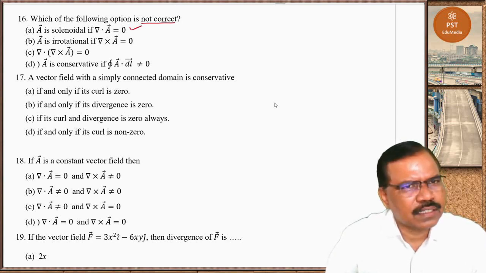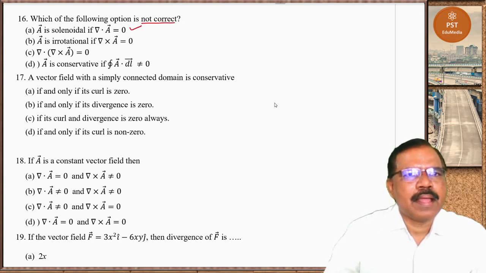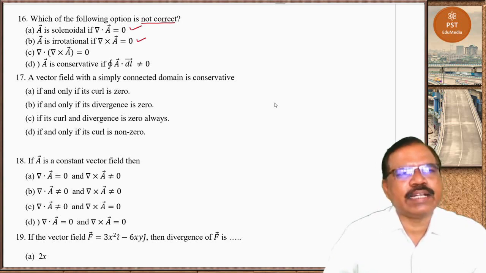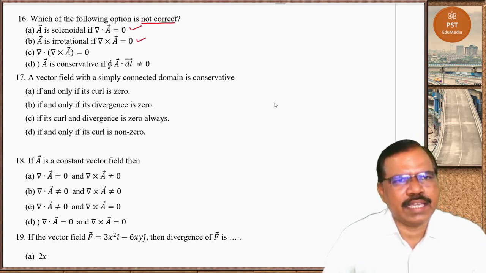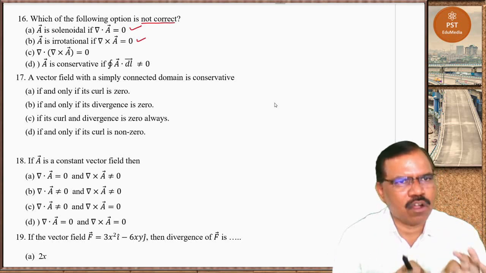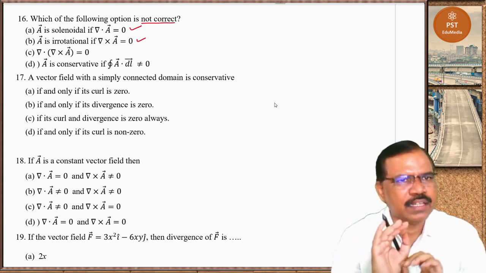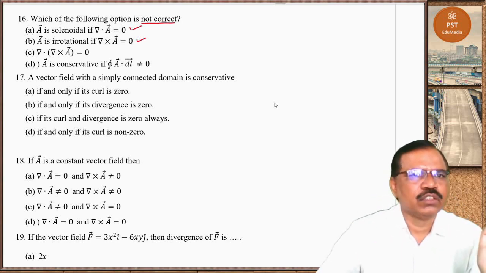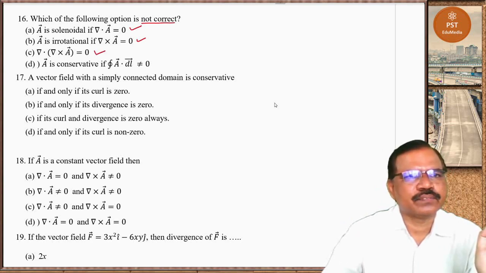Is it correct? Yes. And here this is a vector identity: del dot del cross A is equal to 0. So if we find the divergence of the curl of a vector field, it is 0. So this one is also correct.